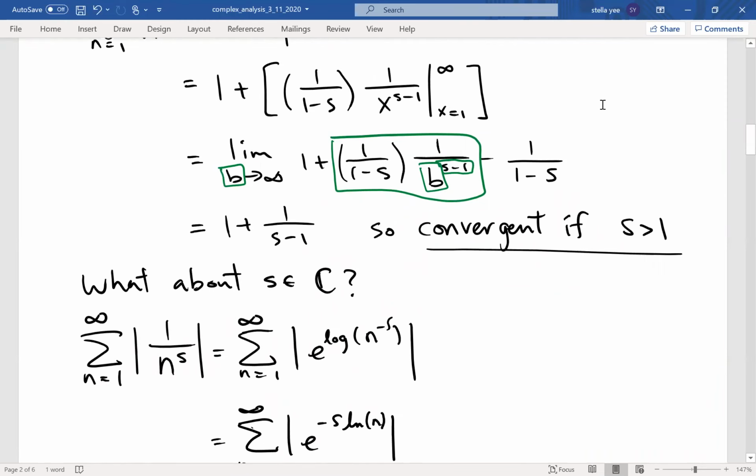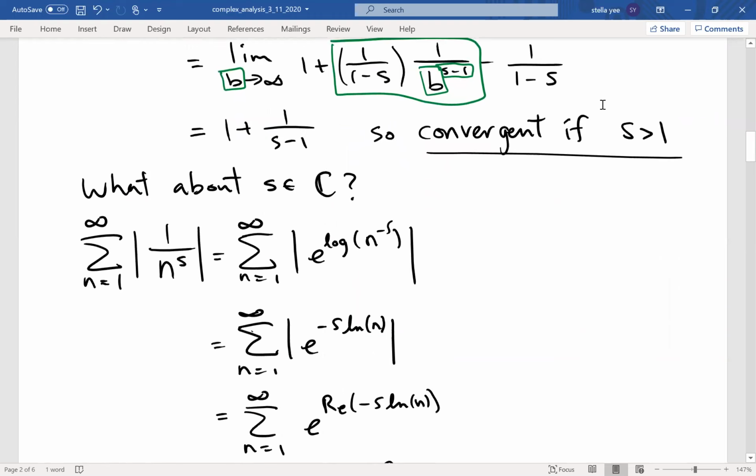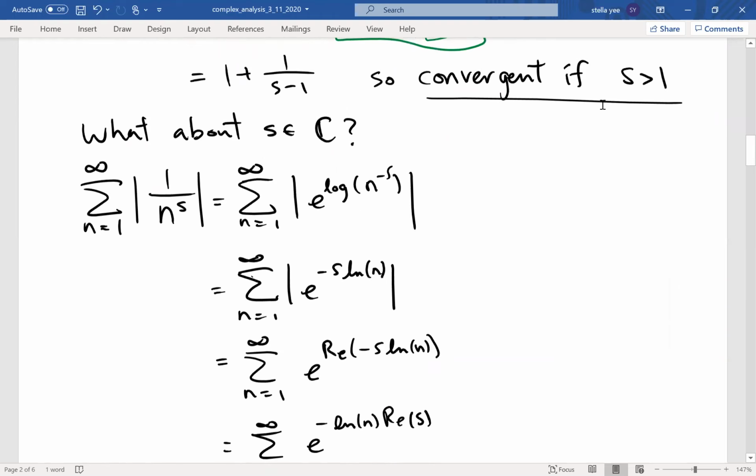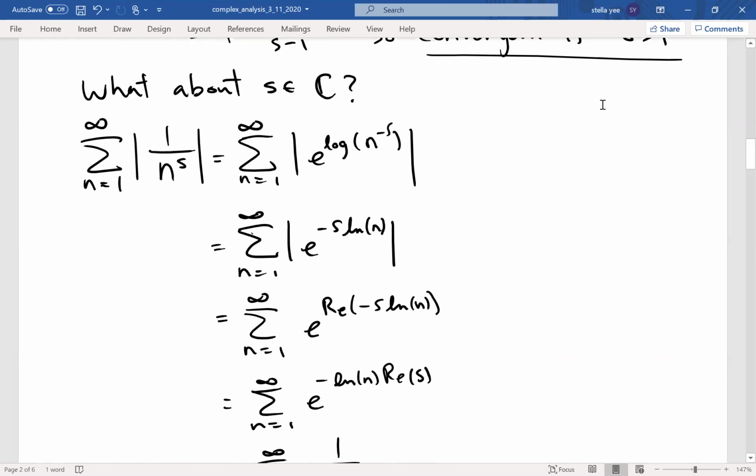If s is a complex number, we could show that it's absolutely convergent. So what we could do is look at the absolute value, and n to the s is an awkward thing to work with. So what we could do is write it as e to the natural log of that thing, right? So e to the log of n to the negative s power. We could use one of the log rules to bring the exponent negative s down to the front of the log. Okay.